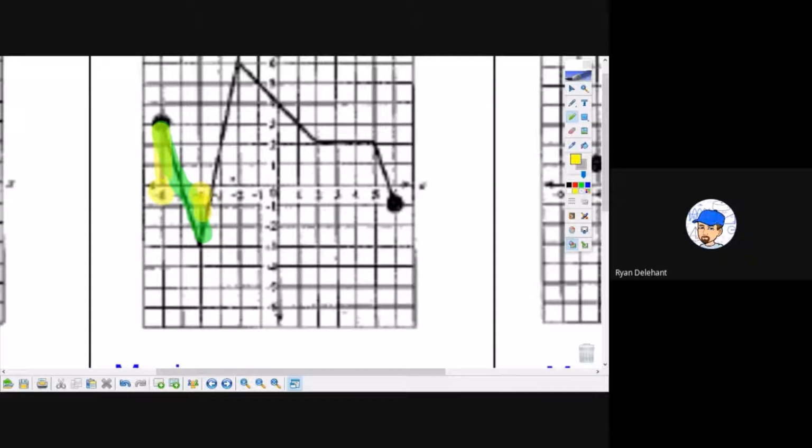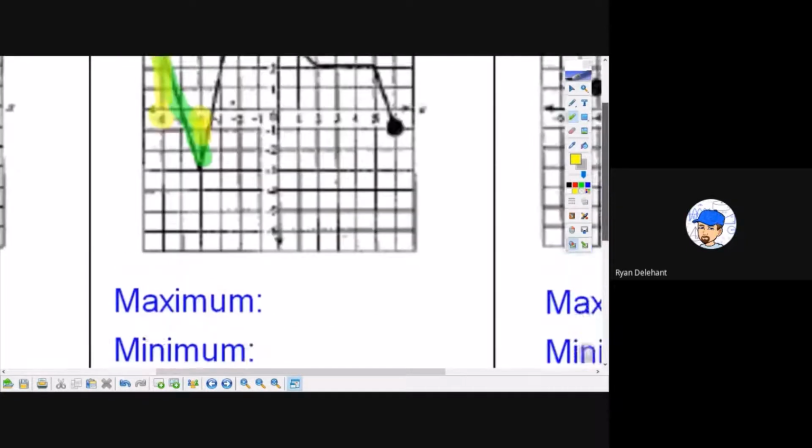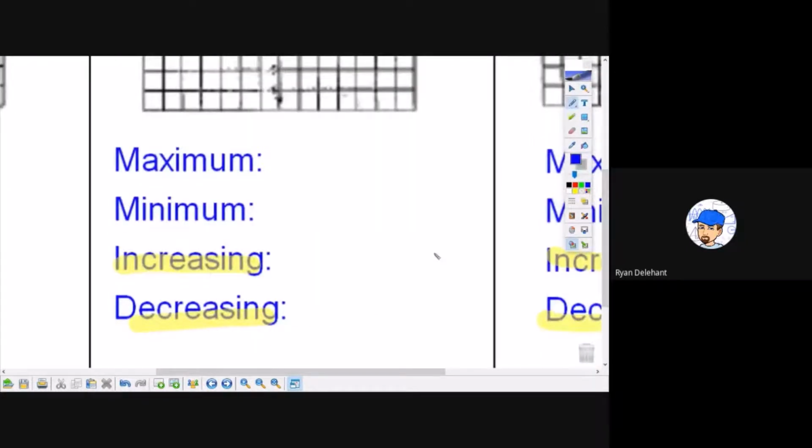Because the description for decreasing, increasing is what the Y is doing. But we need to know the address, the X, for where that stuff's happening. So when we list this part of the answer, that one was decreasing, we would use interval notation, and it's always going to get rounded for this. -6 to -4. That first part of the graph was going down.